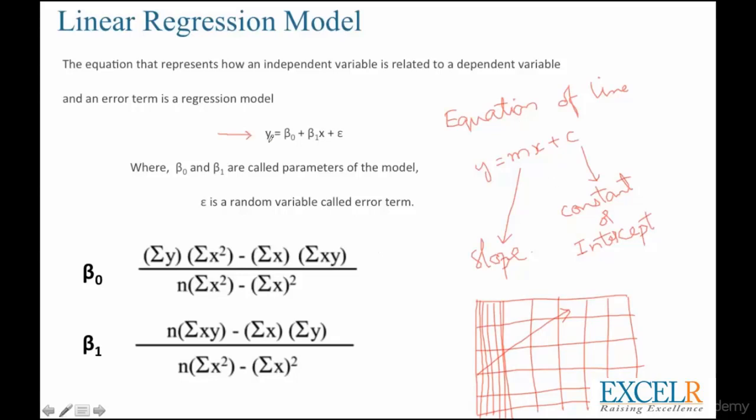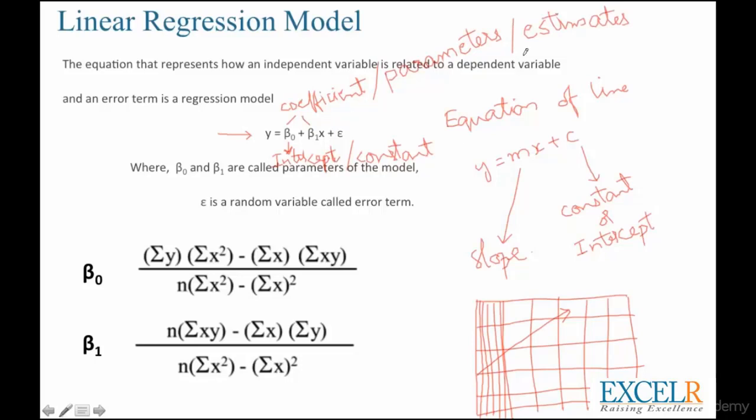On similar lines, there is this regression equation: y is equal to beta naught plus beta 1 x plus epsilon. Here beta naught is the intercept value or constant, and beta 1 is the slope. Both beta naught and beta 1 values put together are called coefficient values, also called parameters or estimates.